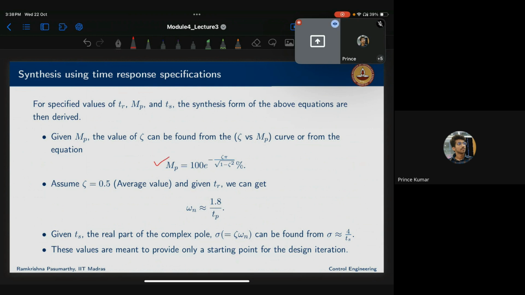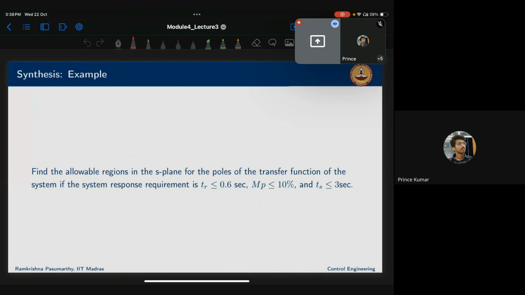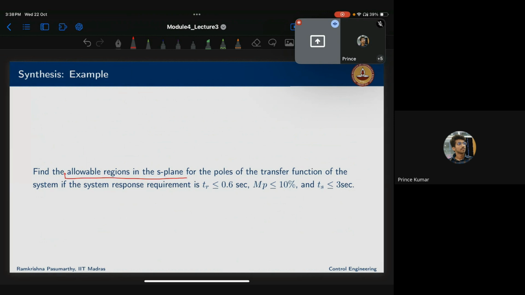So we'll have MP, omega n, and different equations. For example, you have to find the allowable regions in the S plane for both poles of the transfer function. So that is the question: what is the region on the S plane which satisfies this?